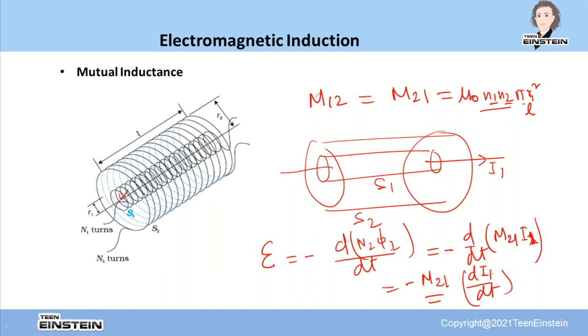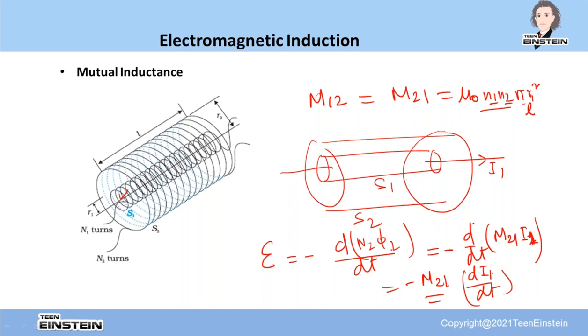You can directly take the derivative of the time varying current in solenoid S1 and calculate the induced EMF in the outer solenoid, or vice versa. Because M12 and M21 are the same, the induced EMF just depends on the current in each coil.